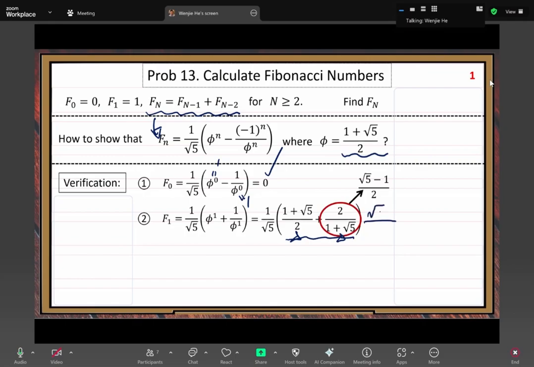We multiply by the conjugate, not the reciprocal. Root 5 plus 1 has the corresponding conjugate root 5 minus 1.